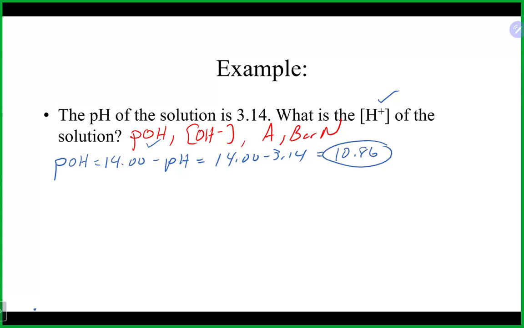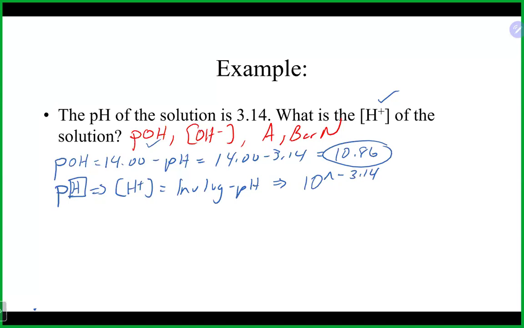Again, I could get the H plus concentration directly from the pH as well, by taking the H plus concentration equal to the inverse log of the negative pH. And once again, if you have a display calculator, it usually will pop up a 10 and a caret. On a non-display, it usually will not. And then you go negative 3.14.